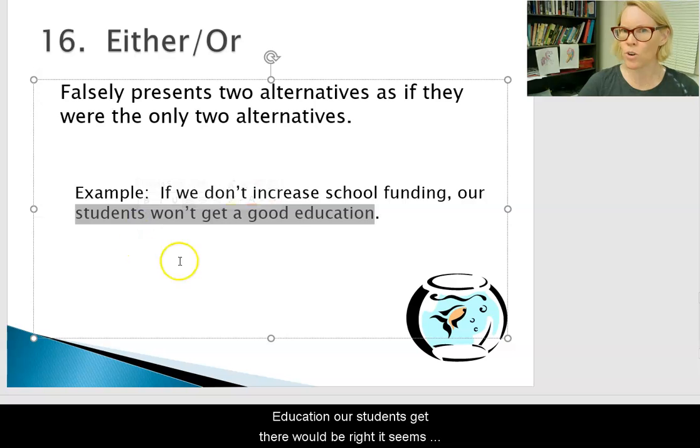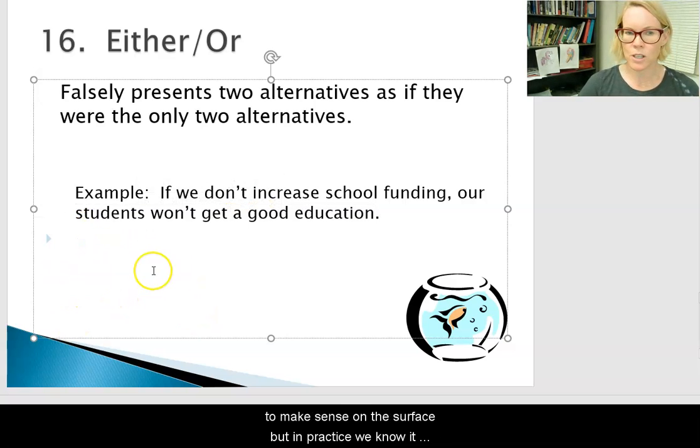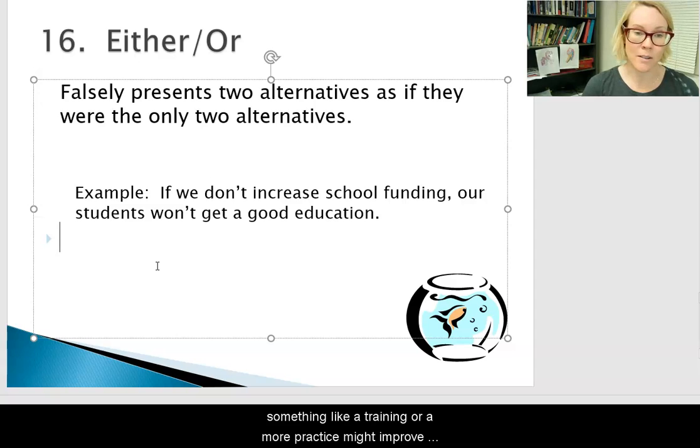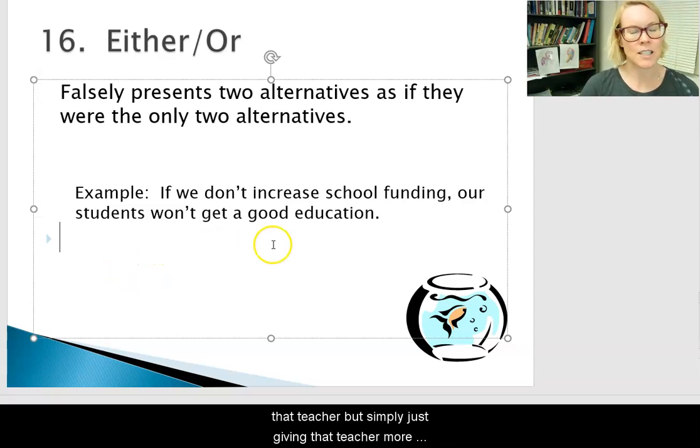You think there would be, right? It seems to make sense on the surface, but in practice we know it doesn't. How would giving a teacher who's teaching poorly more money make them a better teacher, right? They would just get more money for the job they're doing. Now something like training or more practice might improve that teacher, but simply giving that teacher more money doesn't make sense.